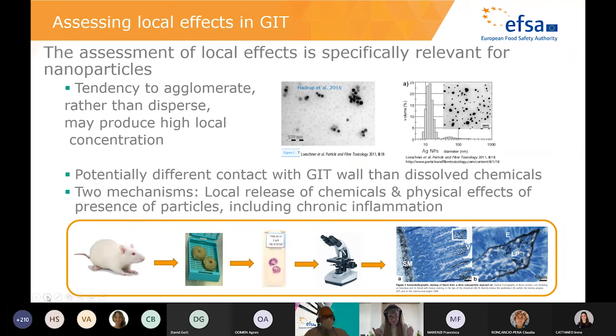We used autometallographic staining on ileum parts to demonstrate silver particles. As you can see, they are entering the villi, inside the villi, so just after the enterocytes, and further or deeper in the wall. Next slide, please.